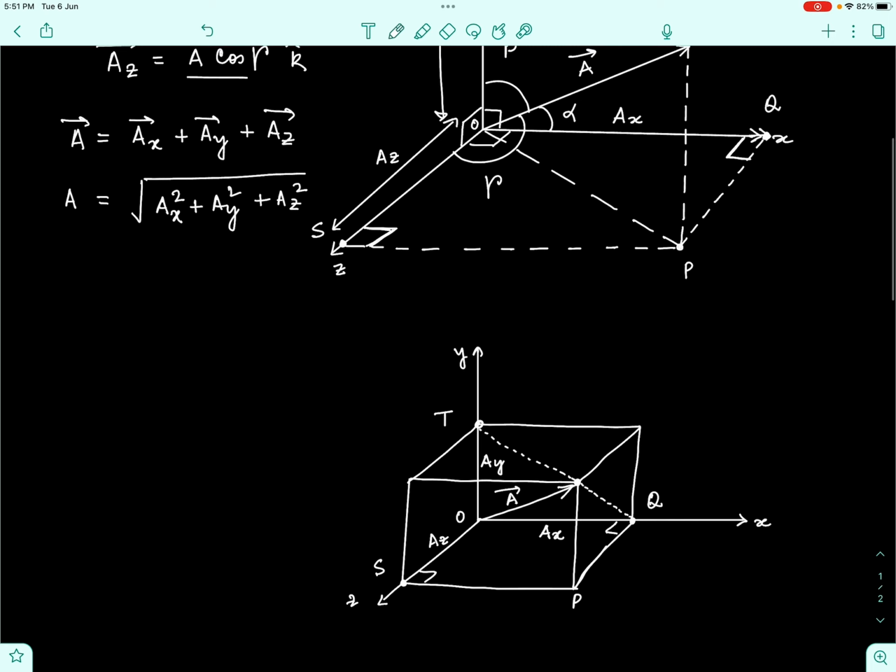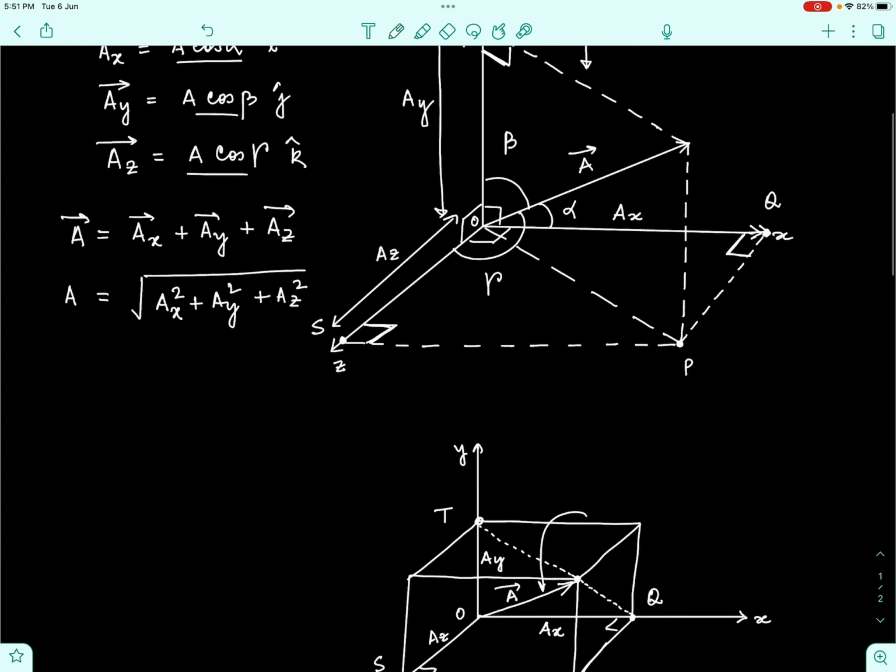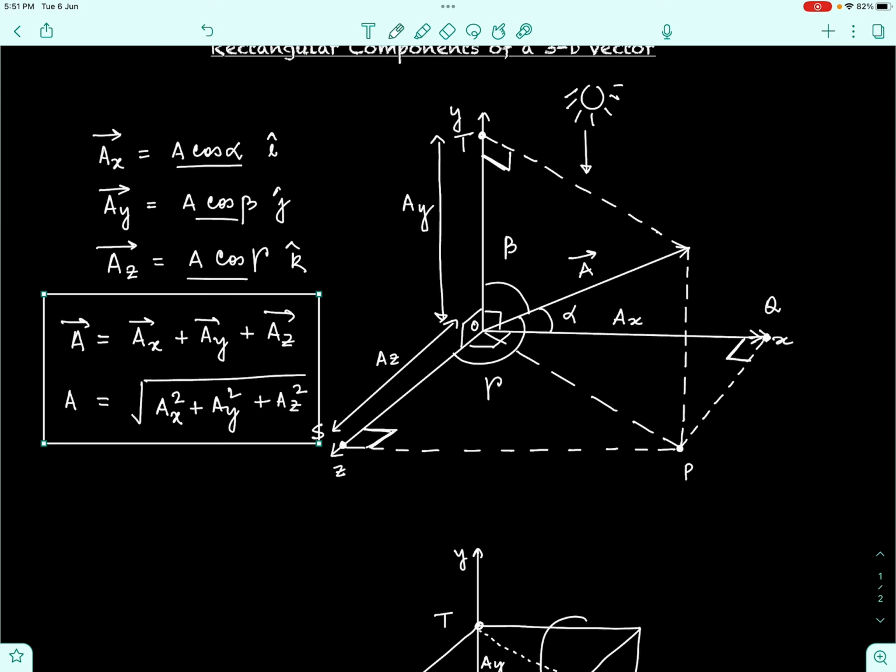You can use geometry to prove that the length of the body diagonal for this cuboid is given by the square root of the sum of the squares of the 3 sides, the length, the width and the height of the cuboid. This can easily be proved. So, it is from here that you can write this expression as well. So, vector A as well as its magnitude can be obtained in terms of its 3 components, the x, y and the z components, like this.